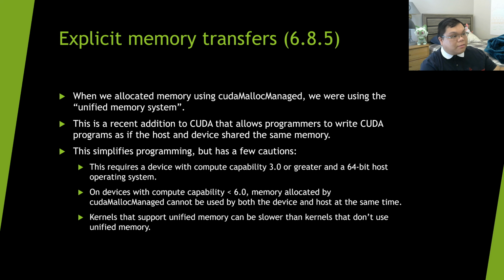One for the host's CPU and memory, and the other for the device's GPU and memory. But the unified memory system allows us to allocate memory in such a way that if we are using any sort of allocated memory, it's as though the device and host memory were the same memory.